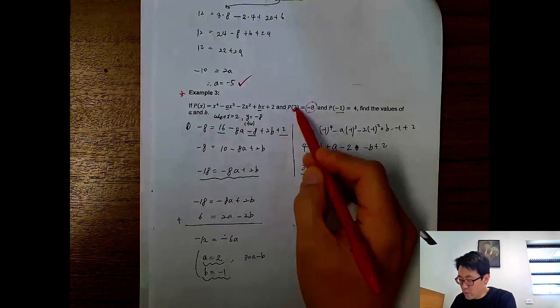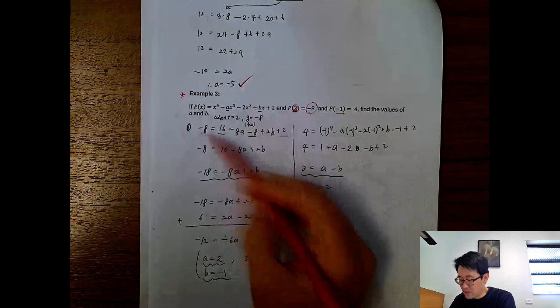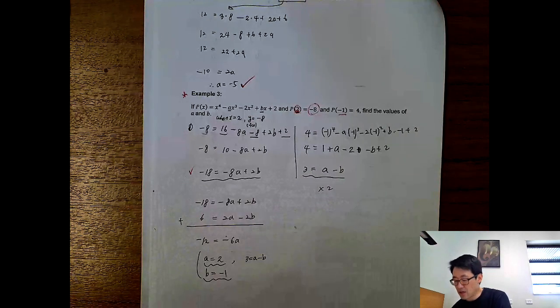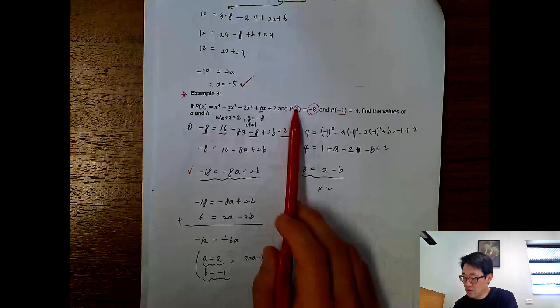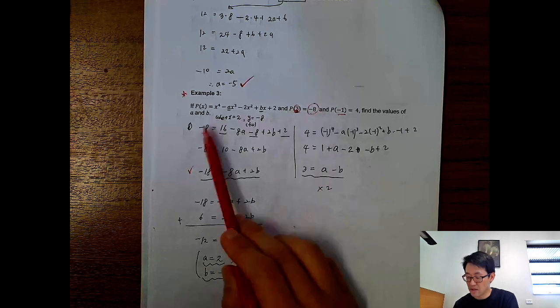The whole value, when we put 2 into x, we should get minus 8. Just continue. I'll get minus 18 equals minus 8 plus 2b. All I need to do is put x as 2, and that result is minus 8.